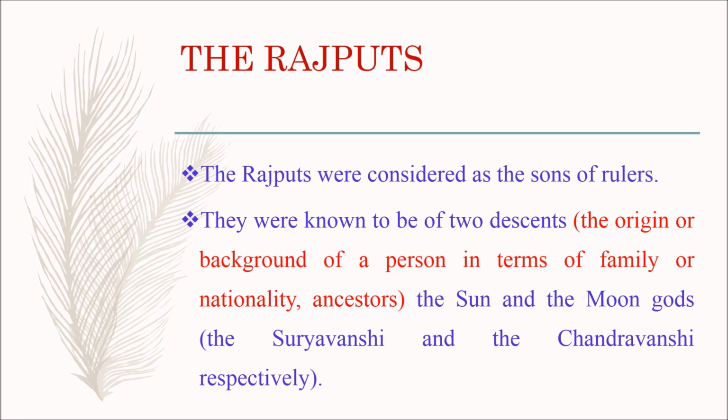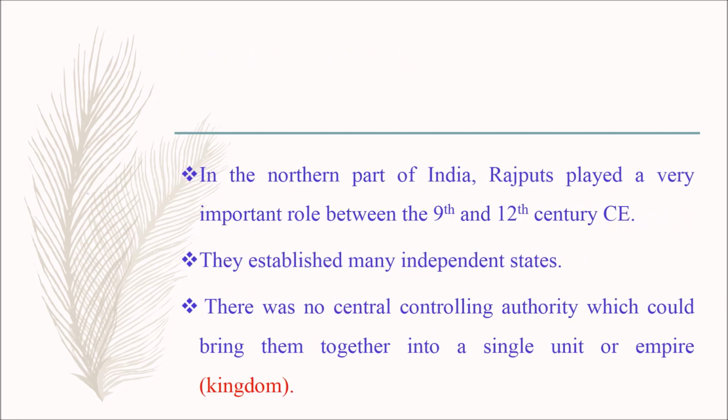In the northern part of India, Rajputs played a very important role between the 9th and 12th century CE. They established many independent states. There was no central controlling authority which could bring them together into a single unit or empire, which means kingdom.